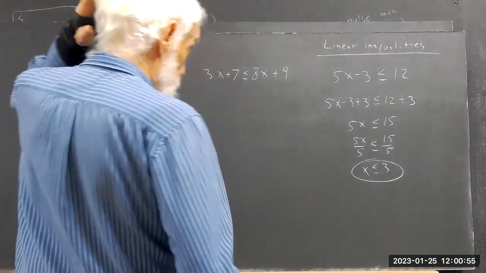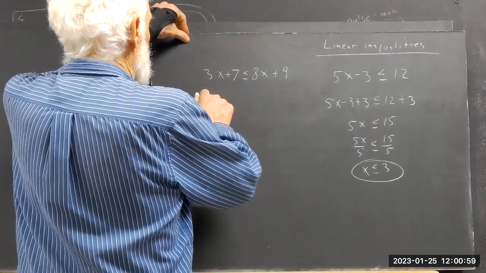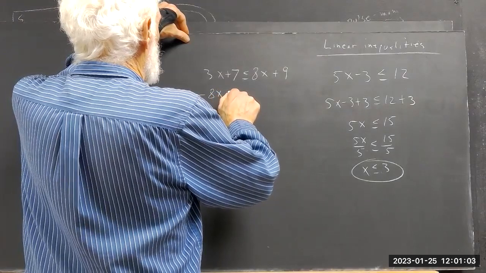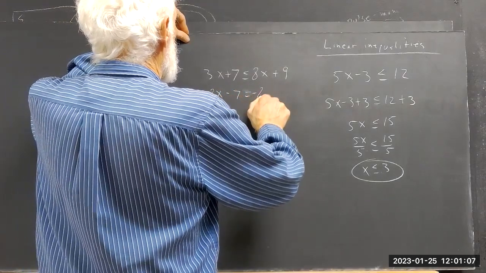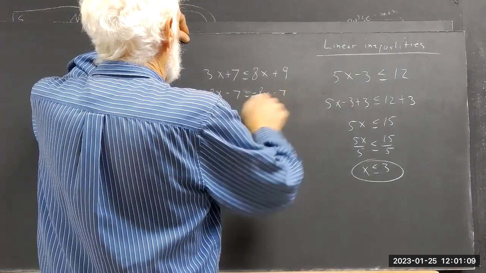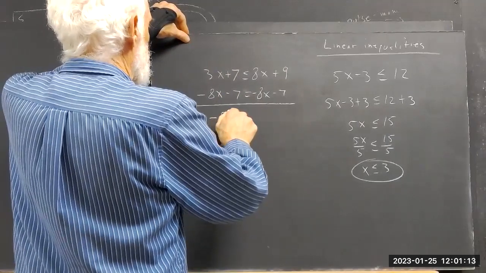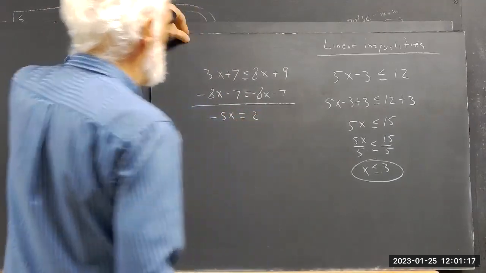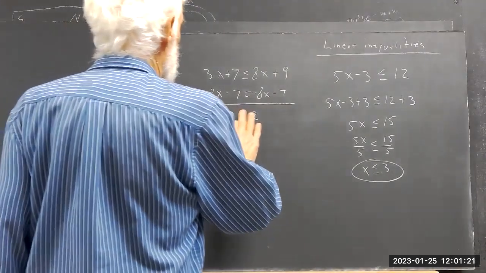So we rearrange this. Now I'm going to add negative 8x minus 7, and I'll add this to both sides, getting negative 5x less than or equal to 2. Not equals, less than or equal.